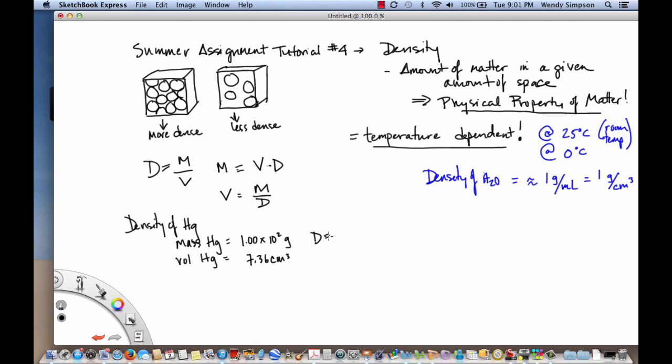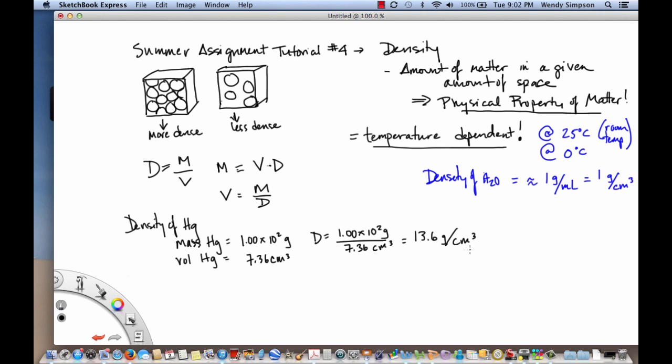The density is equal to 1.00 times 10 to the second grams divided by 7.36 centimeters cubed, which is equal to 13.6 grams per centimeter cubed. It's also 13.6 grams per milliliter. They're equal. We could use this density to identify the element mercury. Mercury at a constant temperature is always going to have this density. It is a physical property of mercury.